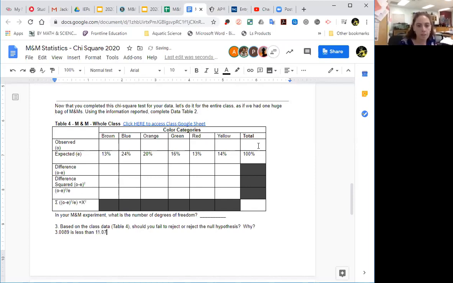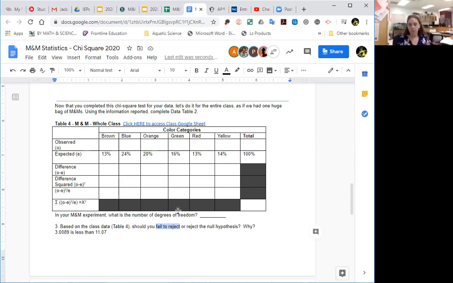That is our critical value. And so we can write that our chi-squared is less than our critical value. Anytime chi-square is less than critical value, then we are going to fail to reject, which is another way of saying accept. That says that our null hypothesis, based on the data we have, is correct, that there is no difference.